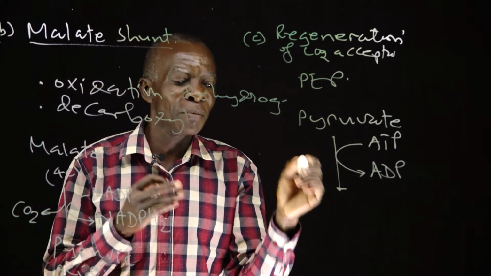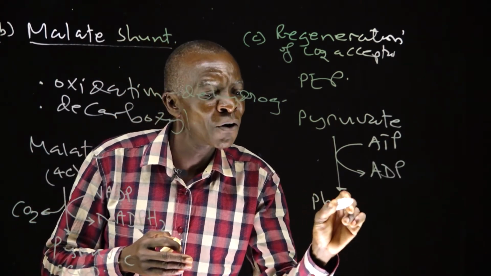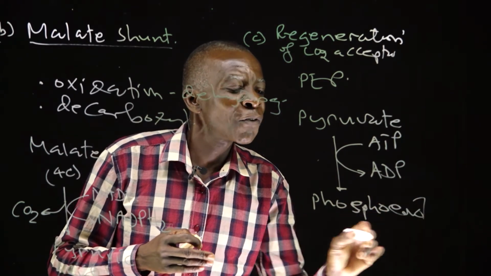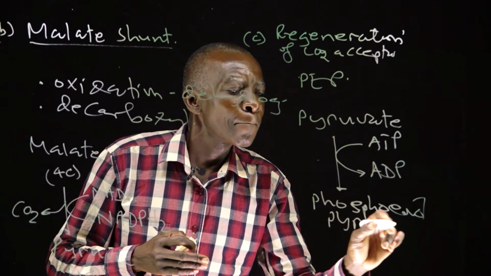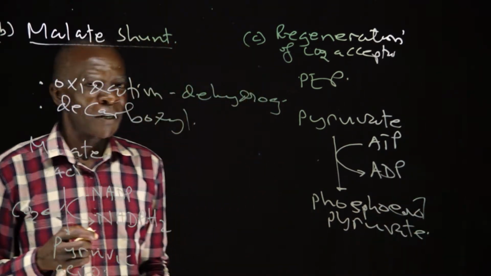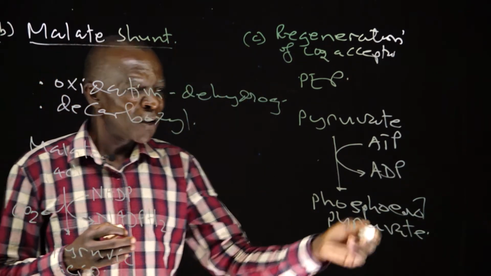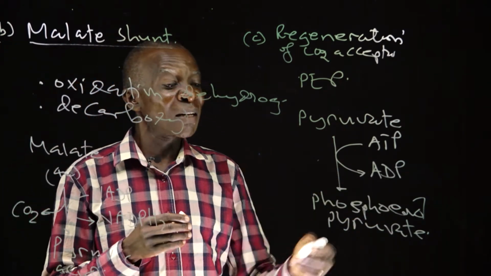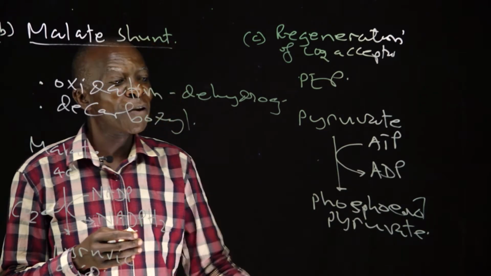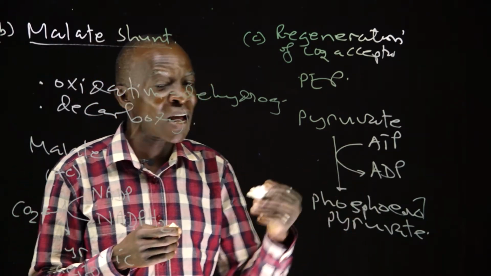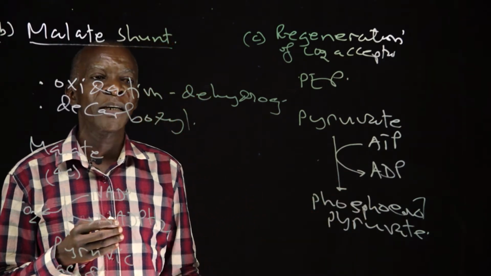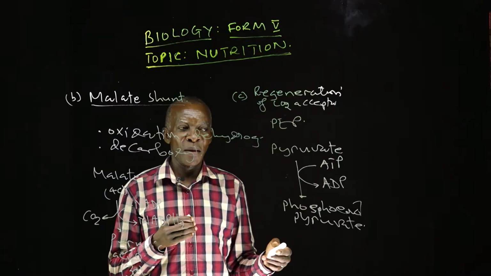So the resulting product is phosphoenolpyruvate. So we have formed again the carbon dioxide acceptor. It is important that at the end of the cycle, we form the carbon dioxide acceptor so that the fixation of carbon dioxide continues.